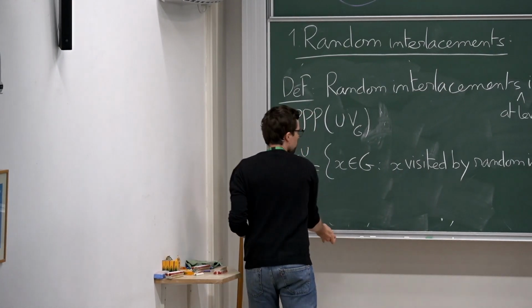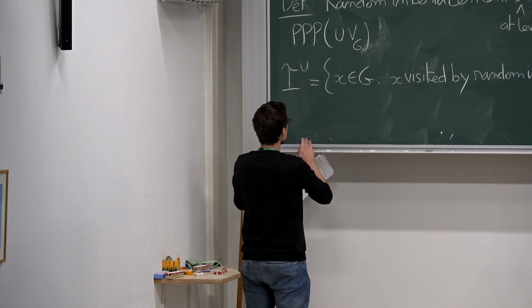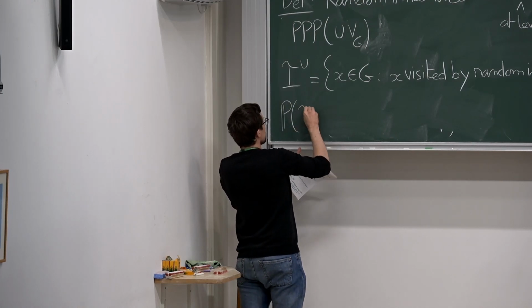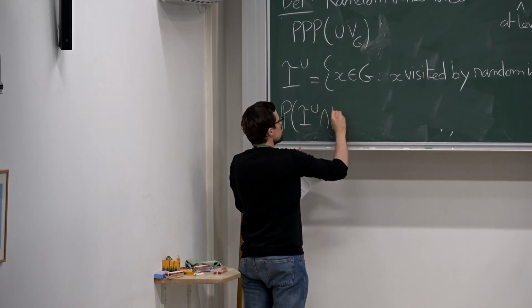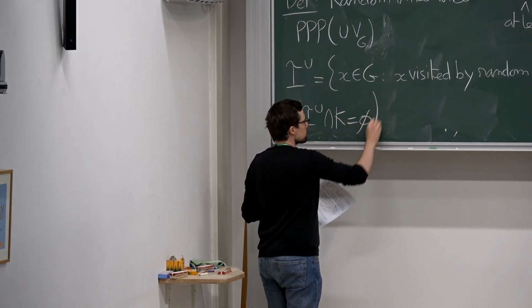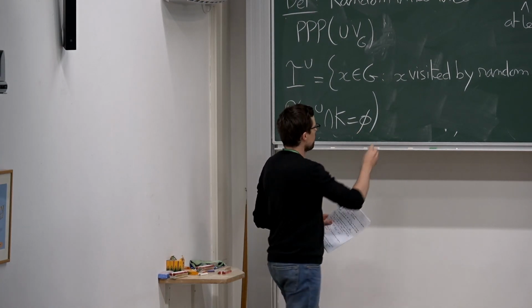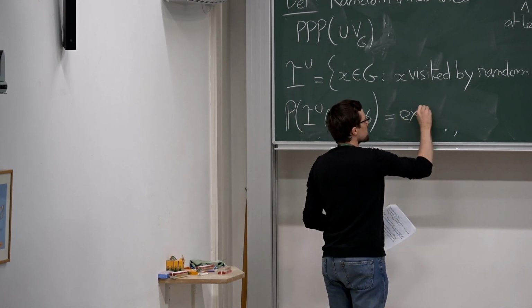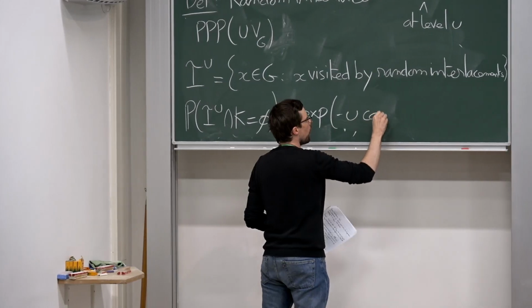Okay, and one defining property of interlacement is the following: if I want to look at the probability that my interlacement hits a given set K, this is given to you by exponential of minus u times the capacity. Why?